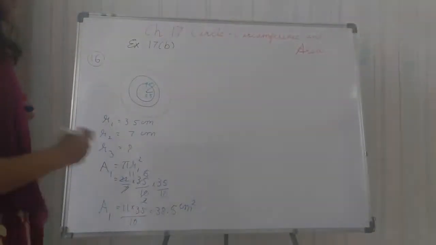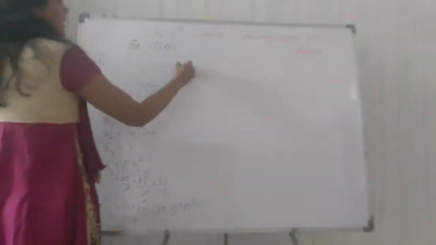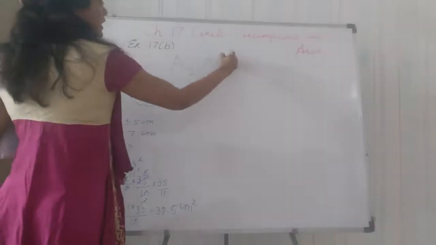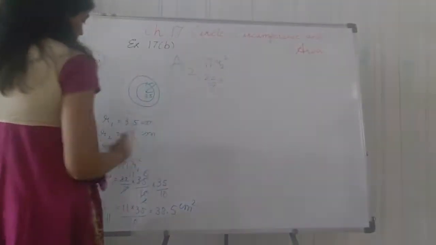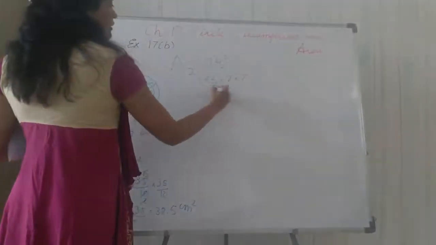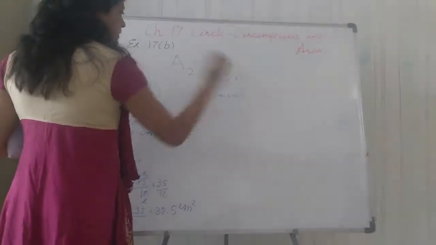So now after this we get our second area. For that I write A2 equals pi r2 square and substituting values 22 by 7, R2 is 7 into 7. So I get 154 centimeter square.